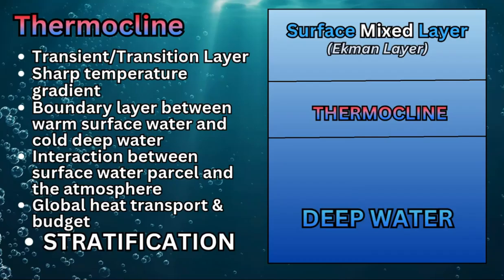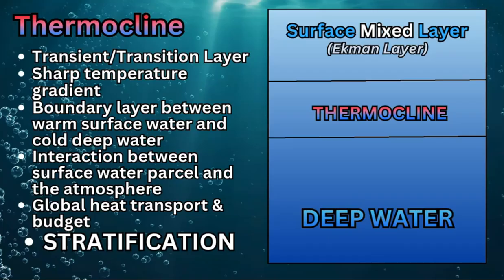Now, this thermocline is a transition or transient layer which can change in depth and change in strength, but it is defined as a rapid decrease in temperature with increasing depth. So over this layer that's sandwiched in between the warm surface layer and the very cold deep water, you have this rapid change from hot to cold within this vertical water column.